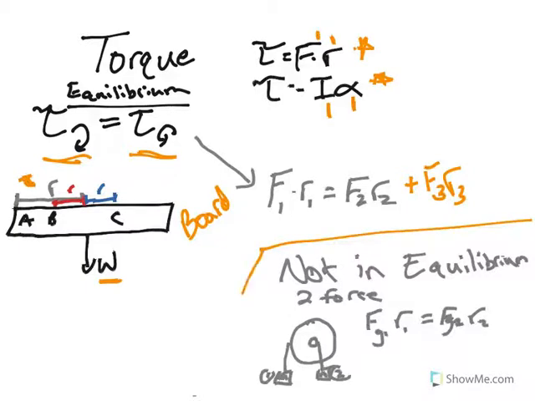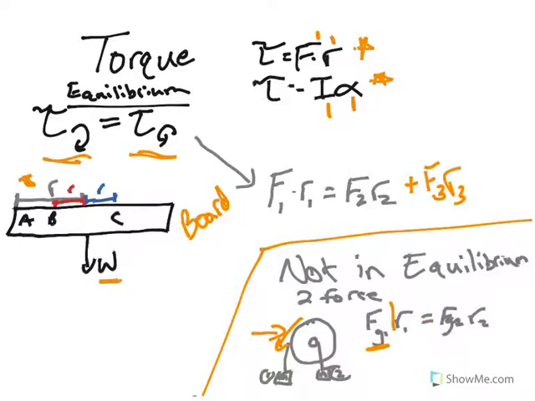This last thing over here is if it's not in equilibrium. For instance, we did a couple problems where we had masses hanging from 2 different size radii that were connected. And keep in mind that in this particular one that we're looking at, if M1 and M2 are the same, notice that it would go this way, because even though the force is the same, both of these two would be the same.